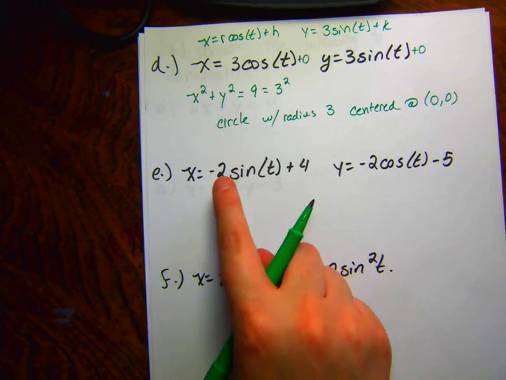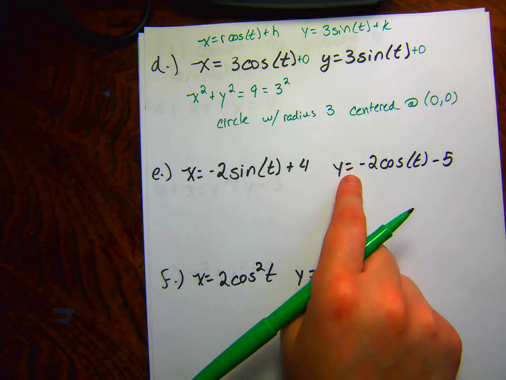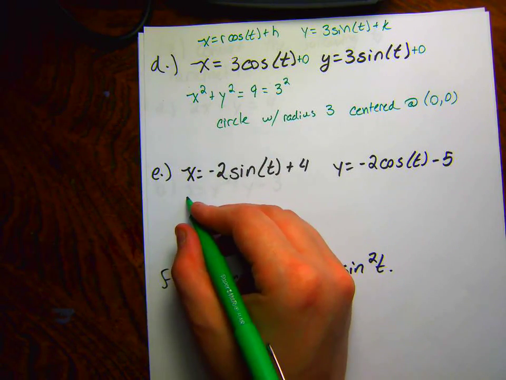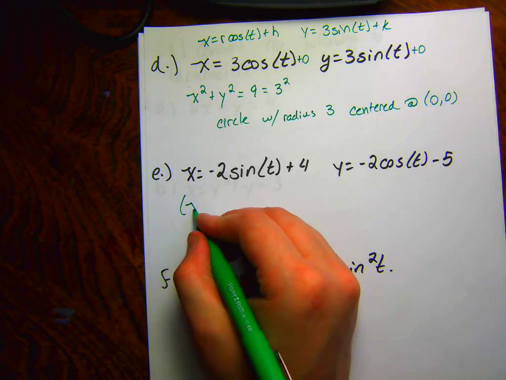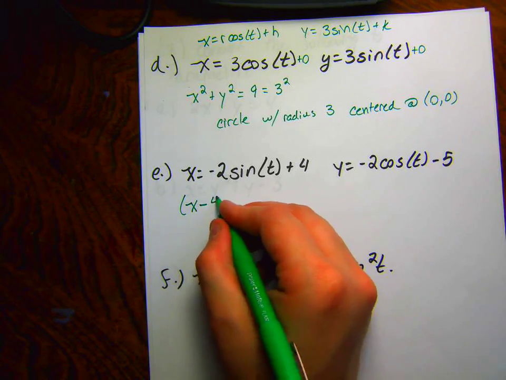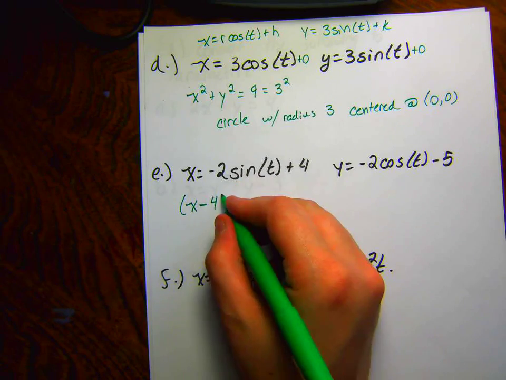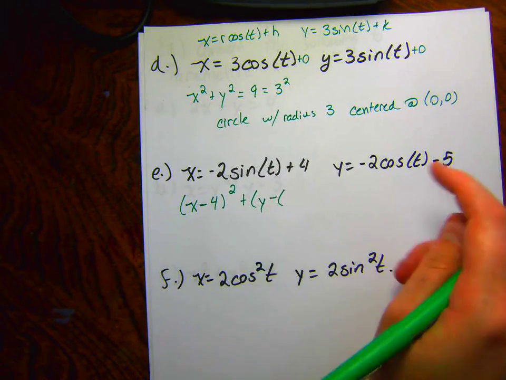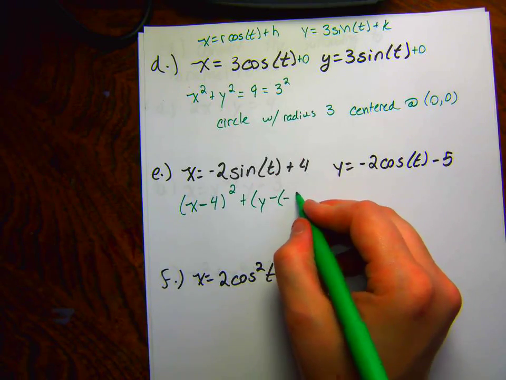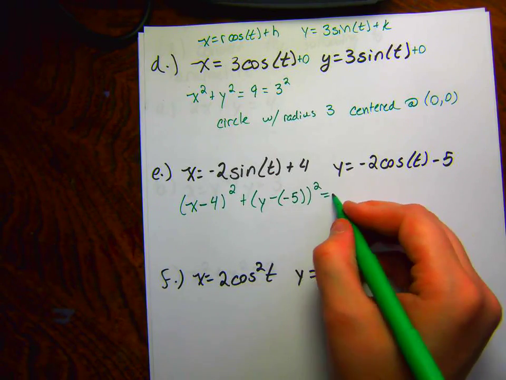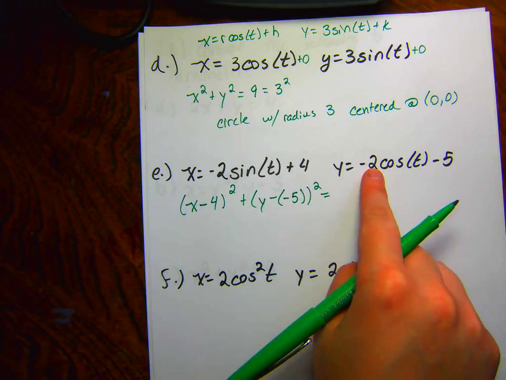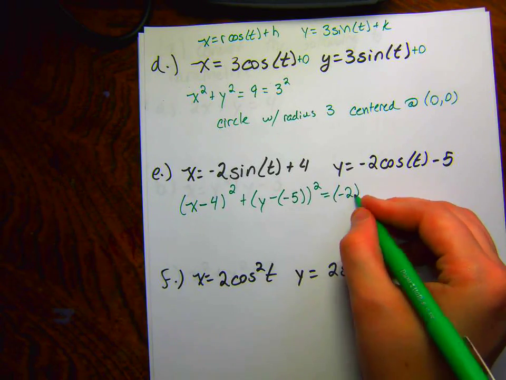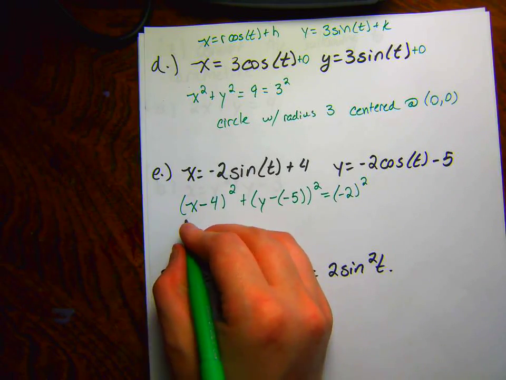Alright, let's look at this one. What if r is negative? Well, using the same formula up here, we're going to have x minus 4, even though 4 is positive here, we'll be subtracting here, squared, plus y minus negative 5 squared equals r squared. Now it doesn't matter if our r is positive or negative, because when we square it, let's go ahead and simplify.